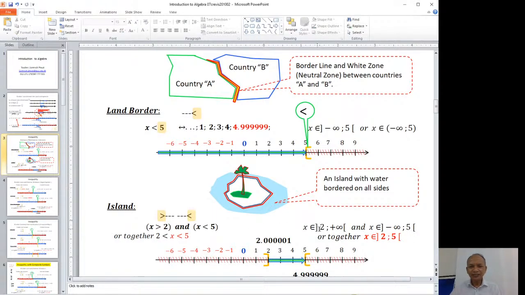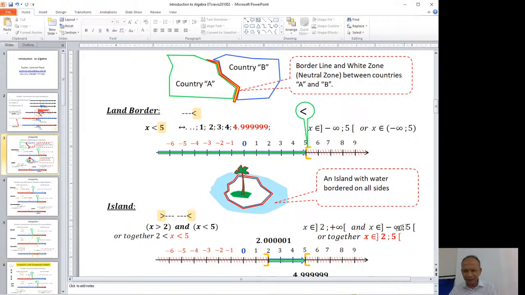And in set notation, we write like this: x belongs to open bracket 2 up to infinity for the first statement, x bigger than 2, from 2 up to plus infinity, and x smaller than 5.